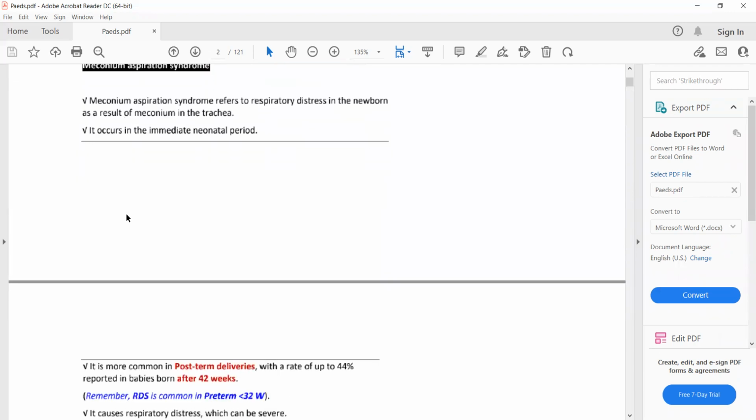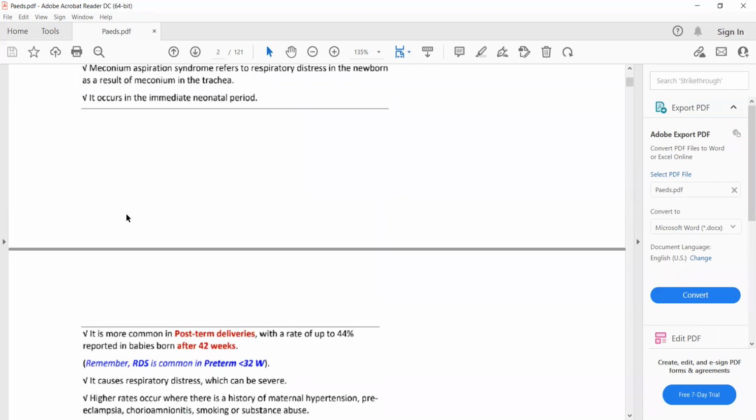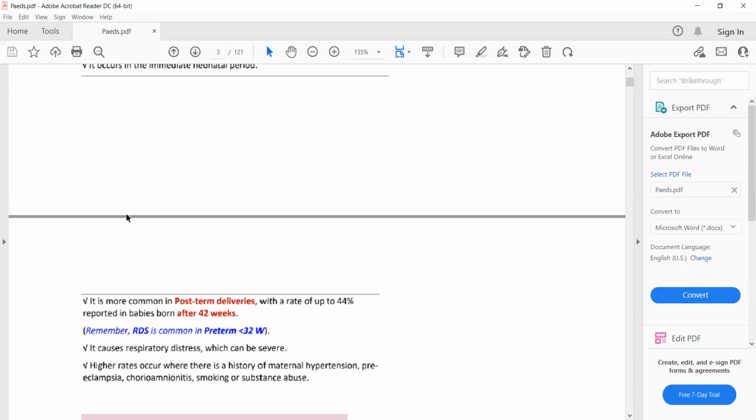Now, what can cause meconium aspiration syndrome? Remember that meconium is the first stool that a newborn baby passes. So if the baby passes his first stool in the womb of the mother, then there are chances that meconium will be aspirated.